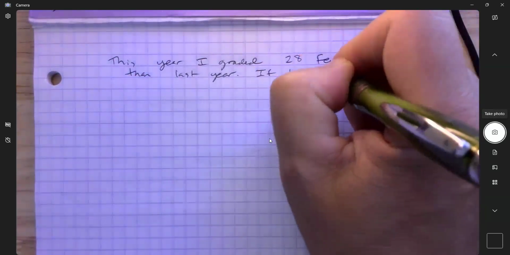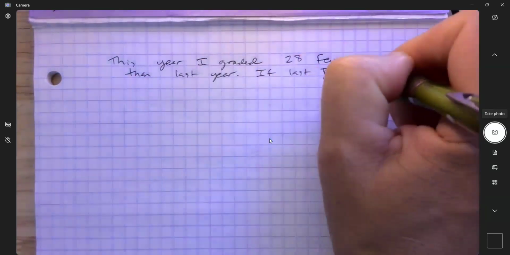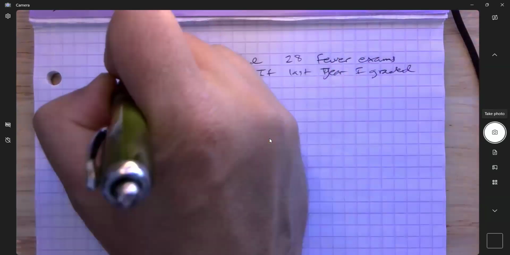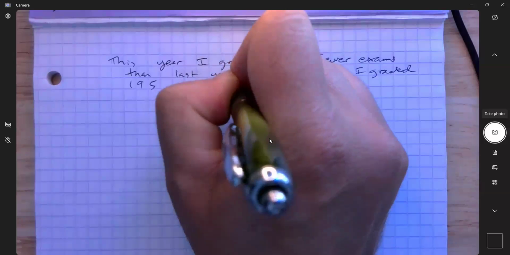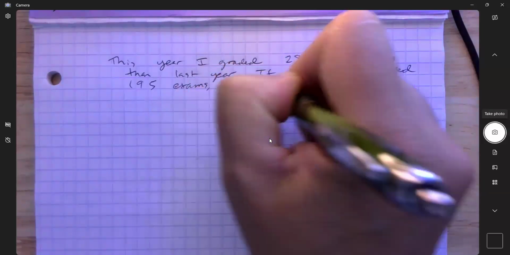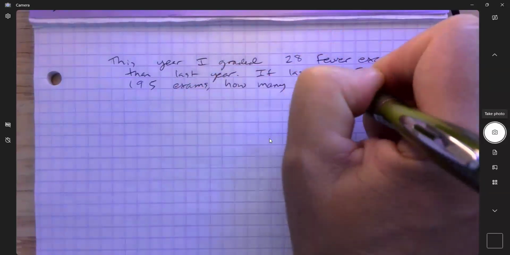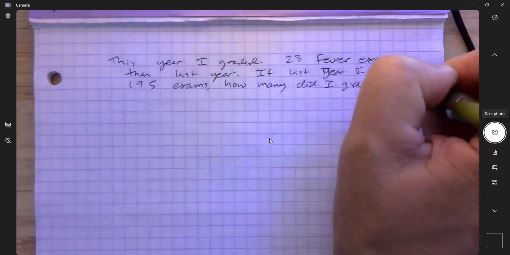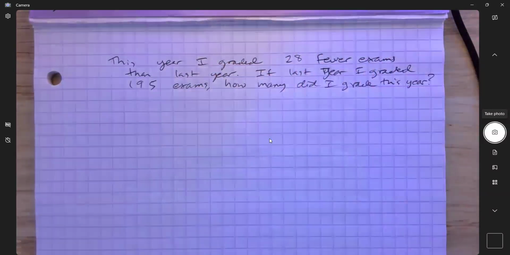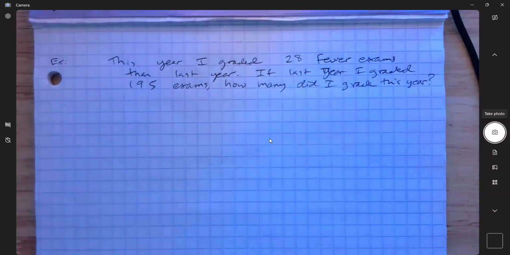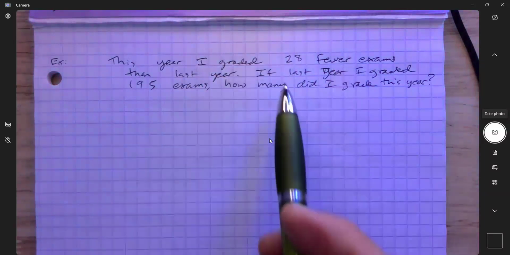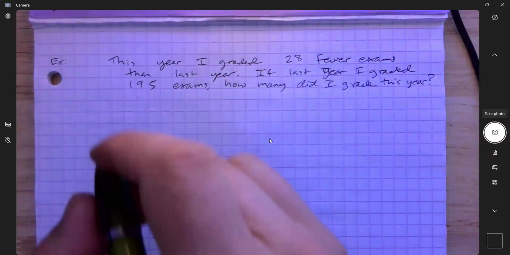If last year I graded 195 exams, how many did I grade this year? Maybe not how I would word this question, but either way, we're going to change this verbal representation into a symbolic representation.